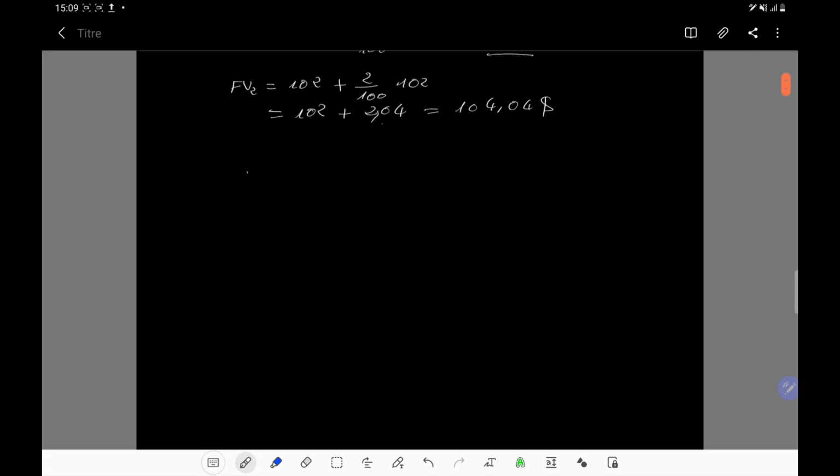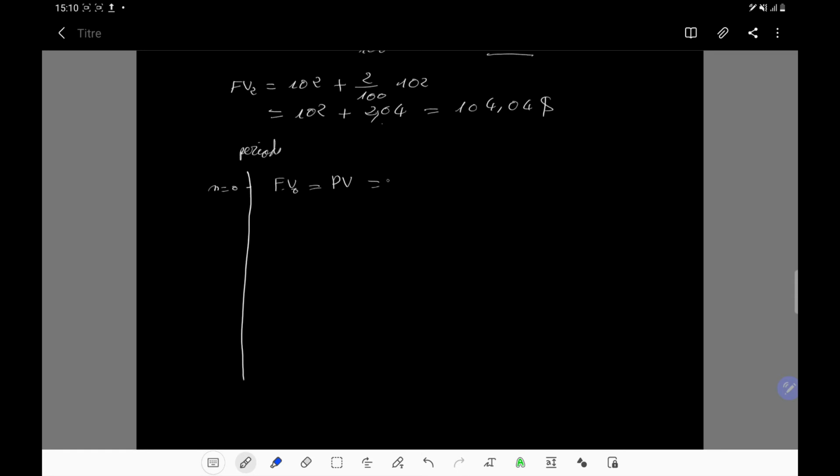First, we will draw the timeline showing the periods. Okay, the number of years. Okay, so for the year number 0, today our future value 0 equals the present value.